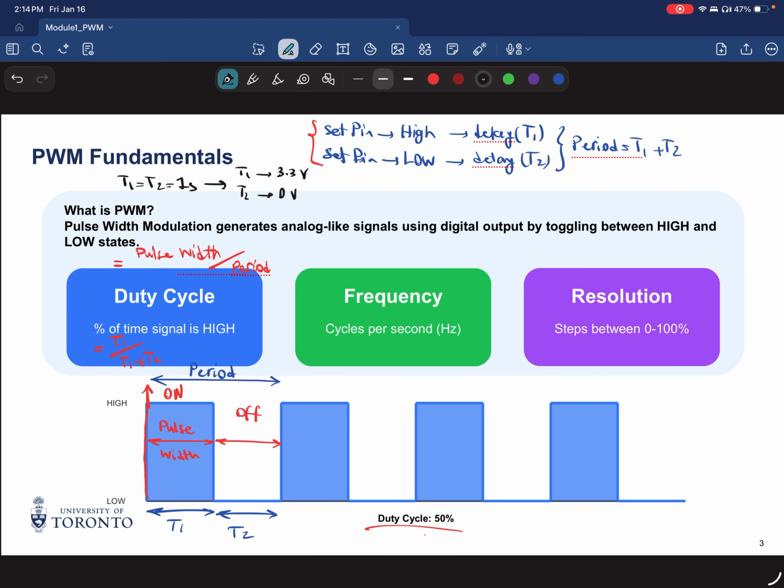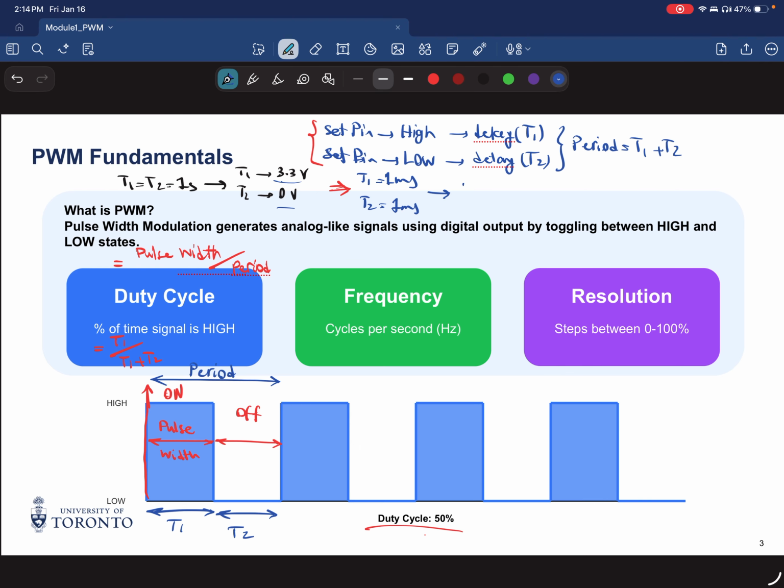This is completely digital. But what if instead we had T1 being 1 millisecond and T2 being 1 millisecond too? In that case, when you're toggling, the output is not going to look like 3.3 sometimes and 0 sometimes.